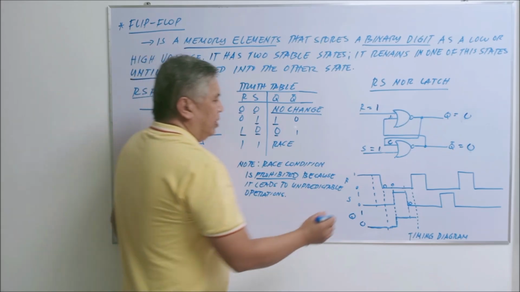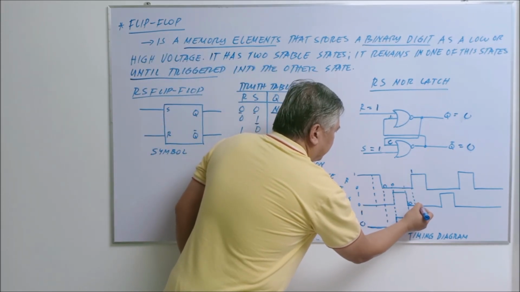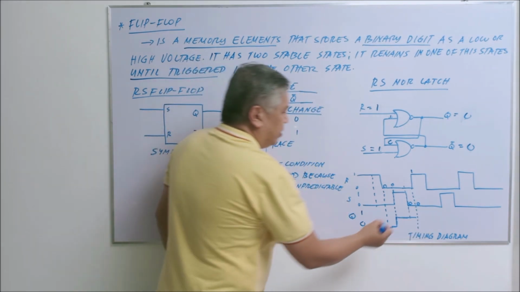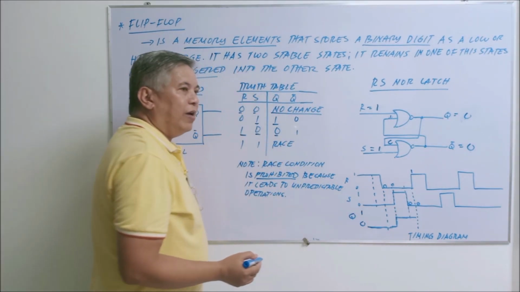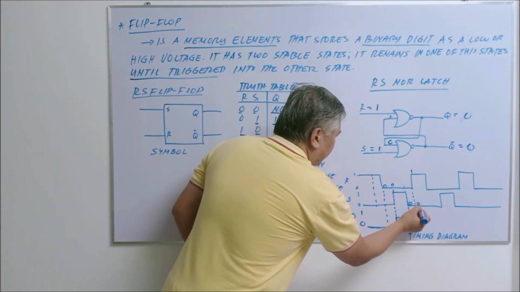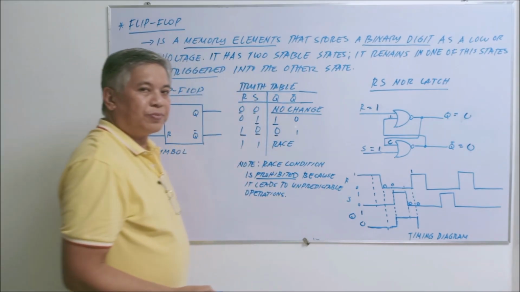So, in this area here, your R becomes 1, your S is still 0. S implies Q because R and S have different values. Since S is equal to 0, then your Q becomes 0.